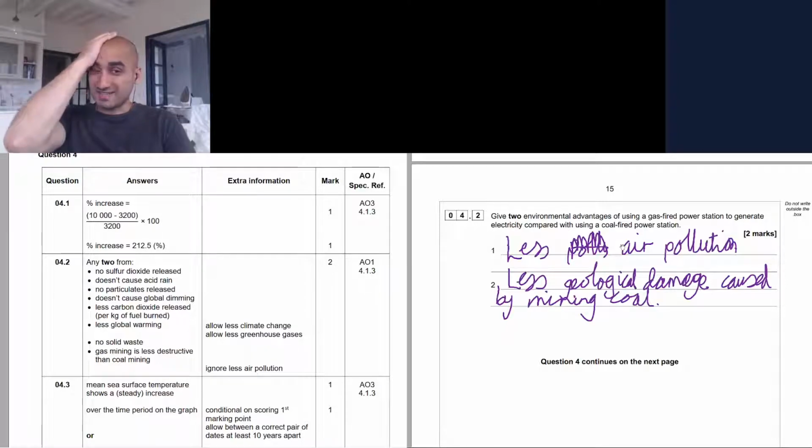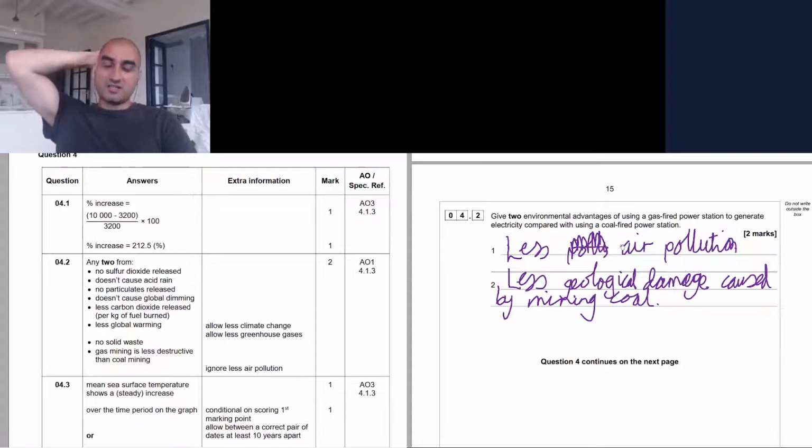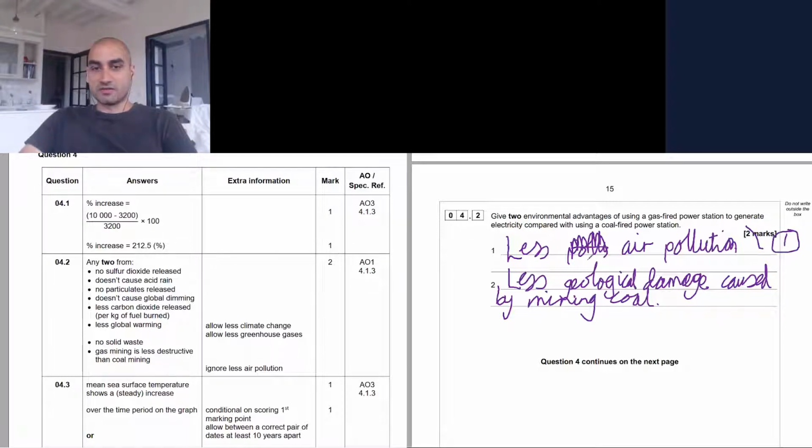Because they want us to specifically say sulfur dioxide or carbon dioxide. Why didn't I say carbon dioxide? It was such an obvious thing to say. Fine, I got 1 mark. I was about to write it, but then I thought air pollution is... I mean, it's correct.